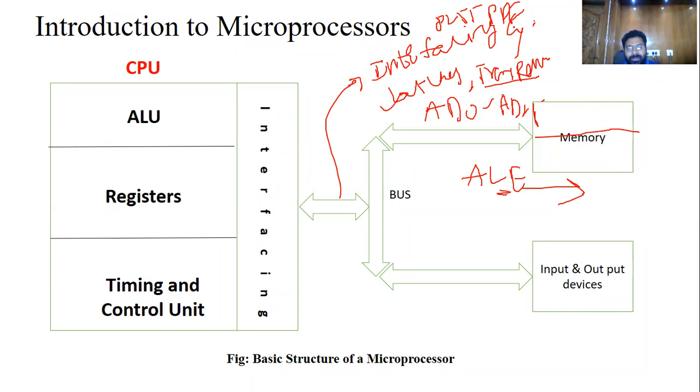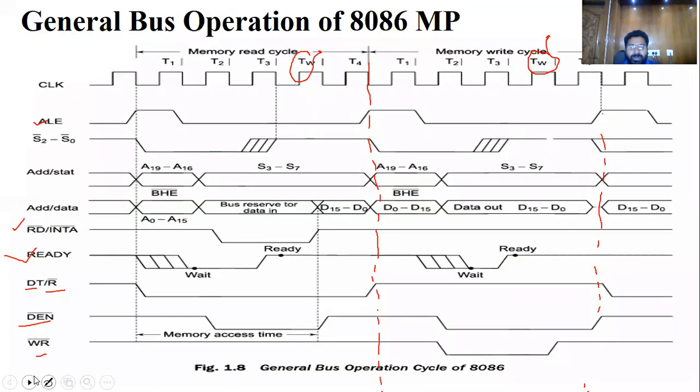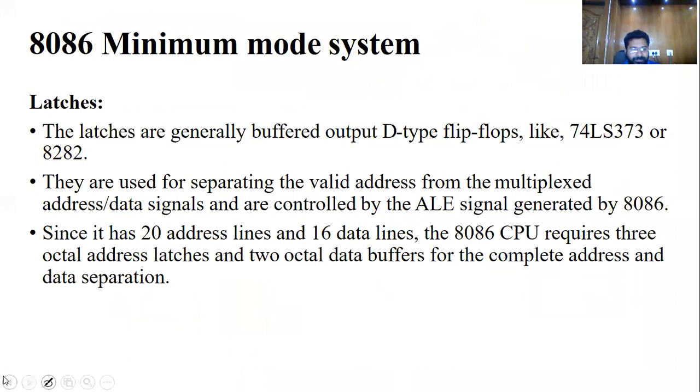These types of controllers are needed to connect the input-output devices as well as memory to the CPU. At the same time, you require some latches, some transceivers and input-output devices.